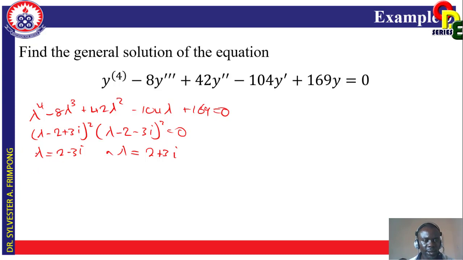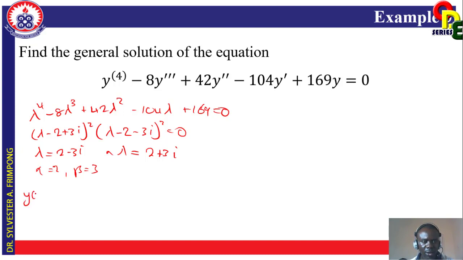So this has a repeated root of multiplicity 2, because each of them occurs twice. Alpha is 2, beta is 3. So we are going to apply the repeated root method plus the complex root.